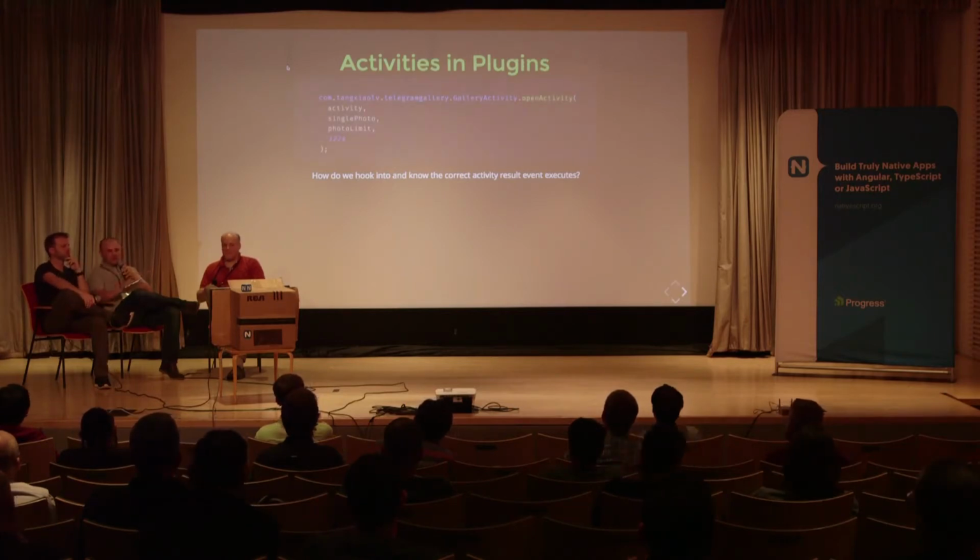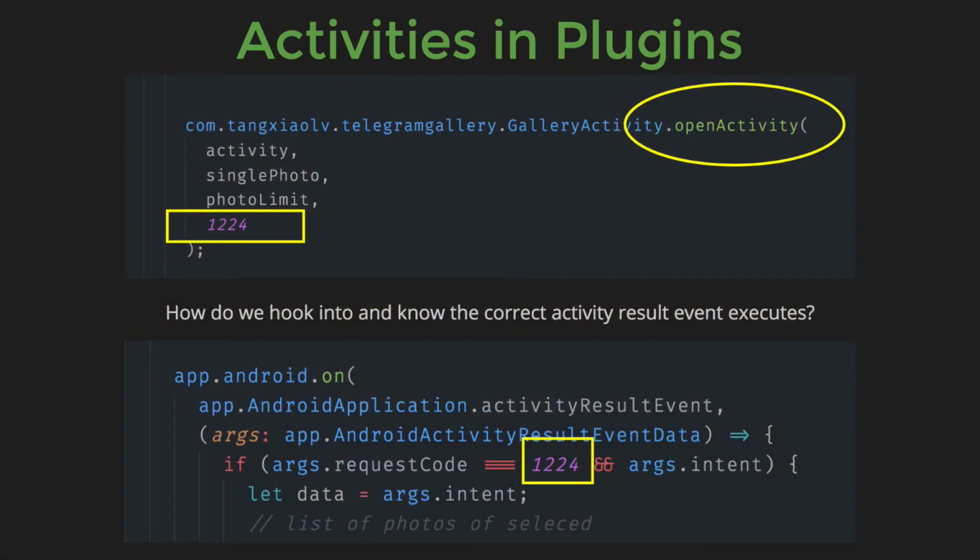And right here in this example, I'm consuming this SDK, or this Android library, and calling this open activity method, which is basically calling the startActivityForResult method in Android. The important thing to see here is this fourth argument is a number, and it is the request code that relates to that activity.